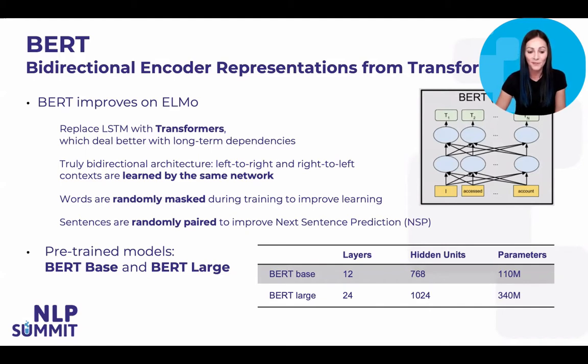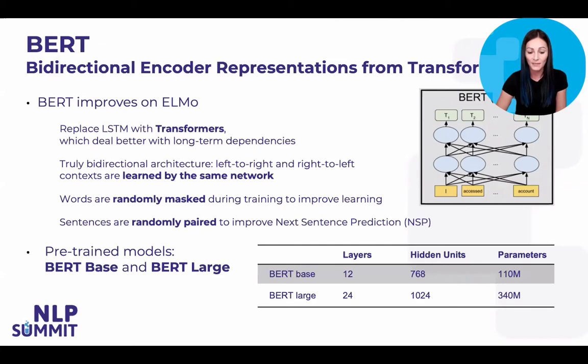And BERT improves on ELMo in a couple of things. It replaces LSTMs with transformers, which deal better with those long-term dependencies. It's also, as I said, truly bidirectional, left to right and right to left, because it's learning it in the same network.